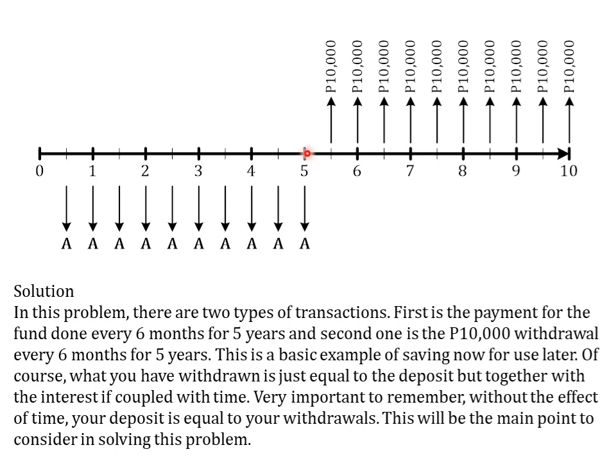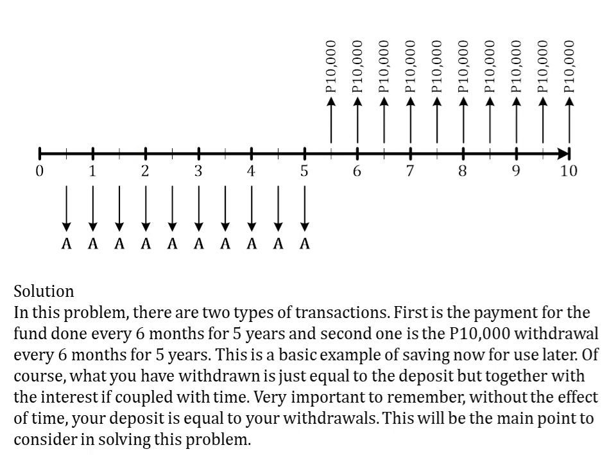So again, if it is the same time period, they are really equal if they have the same basis. For example, on the first year, your withdrawal and your deposit are the same. Second year, your total deposit is also the same as your total withdrawal for the second year.